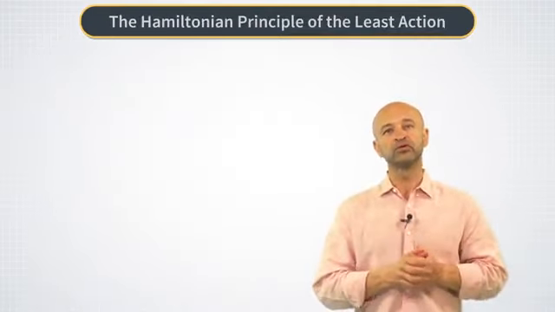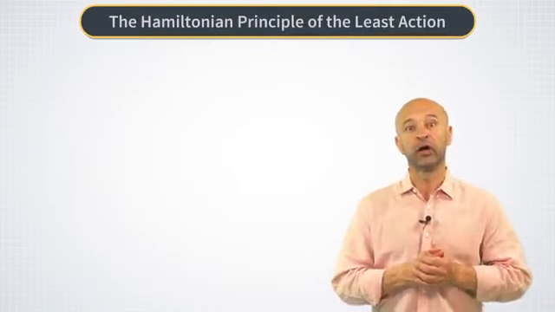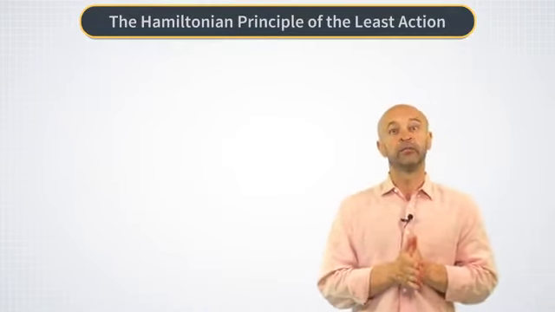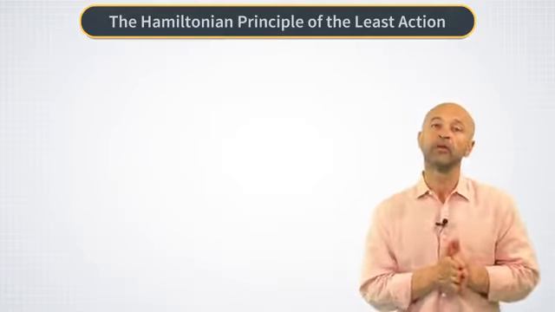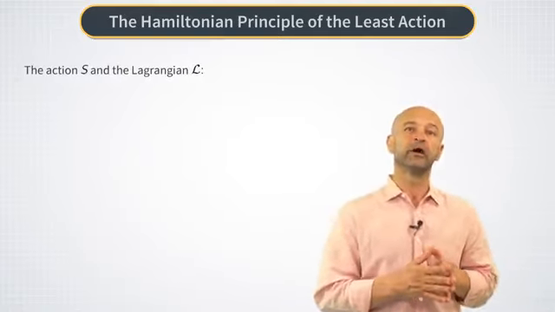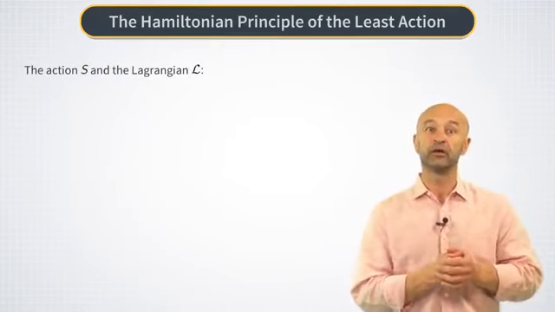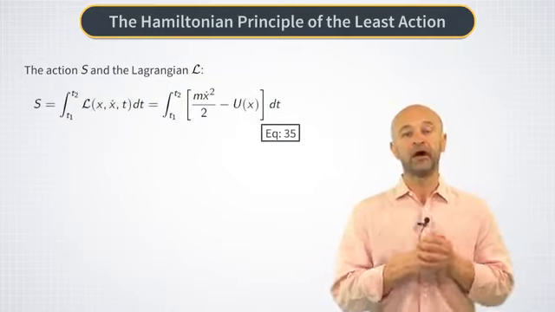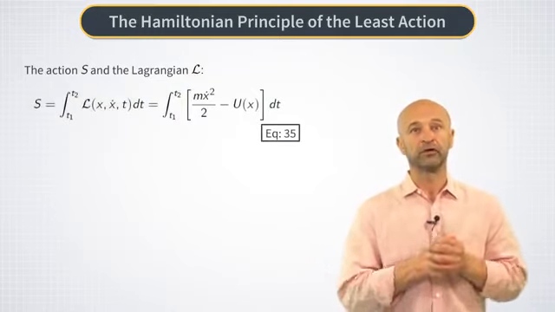Now, it's also useful here to review alternative formulations of classical mechanics that might be useful to know. The first fundamental concept that we need here is the concept of action and Lagrange function. The action is simply defined as a time integral of a Lagrangian function.